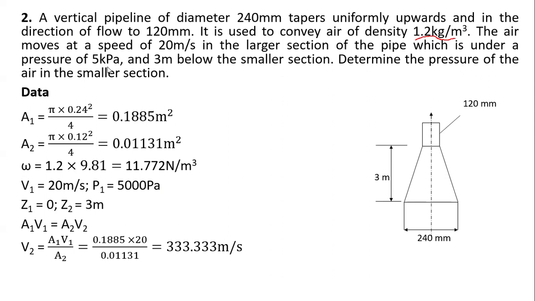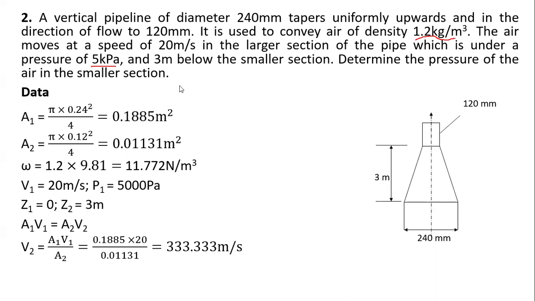The pressure in the large section is 5 kilopascals, and it is 3 meters below the smaller section. Determine the pressure of the air in the smaller section.